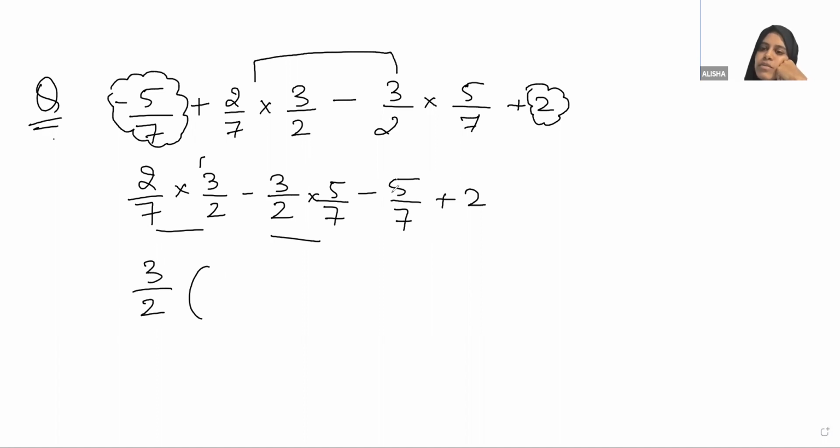When I don't have 3 by 2 with 5 by 7, how can I take it with that 5 by 7? This expression would be solved independently. What does this mean? 3 by 2 has been taken as common. If I have taken 3 by 2 common from this expression, I am left with what?